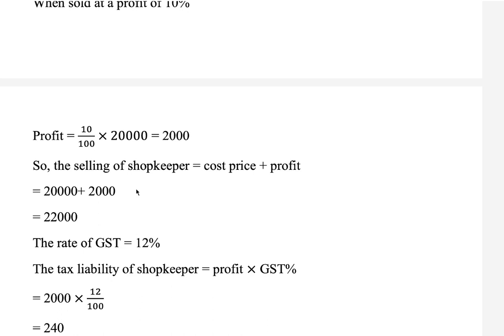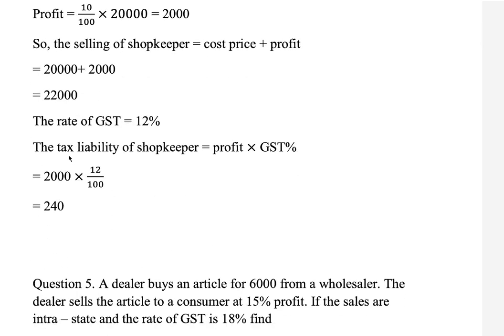So the selling of shopkeeper, cost price plus profit, that comes to 22,000. Right now you have to impose tax 12%. So tax liability of the shopkeeper, that is the 2,000 rupees into that 12%. Okay, so profit into GST.